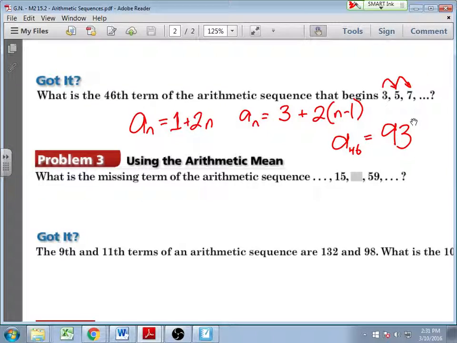Would you just do 2 a sub n equals 2 times n plus 1? Hold on. a sub n equals 2 times n and then plus 1. Not n plus 1. It's different.